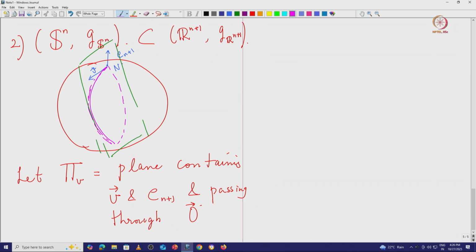So the intersection of this plane with the sphere is going to be a great circle, or a meridian. So let gamma_v be a unit speed parameterization.